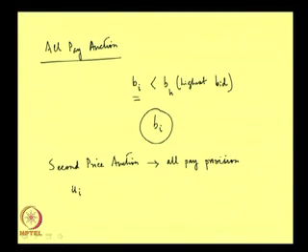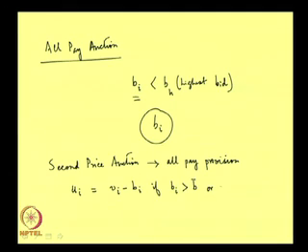Why am I saying this? In a second price auction with the all pay provision, what is the payoff of any individual? It is V_I minus B_I if B_I is greater than B bar. Remember, B bar is the highest bid of the other players.